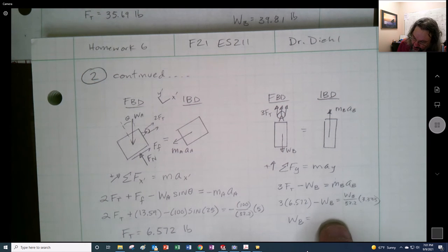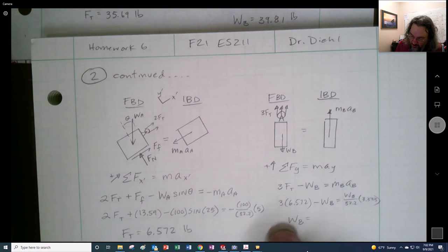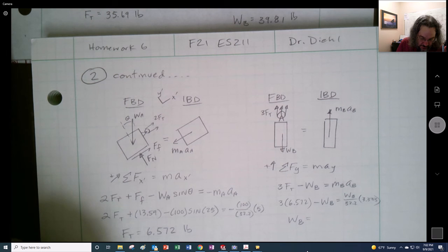So that's going to come back onto the other side, right? So it's going to be 3.333 divided by 32.2 plus 1, right? And so we're going to multiply that by 3, and then we can divide those numbers out.